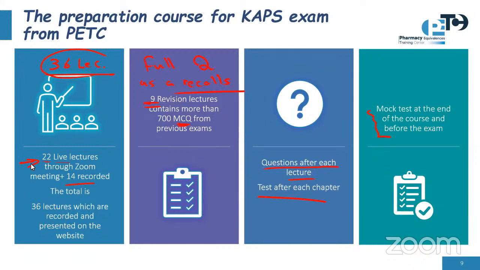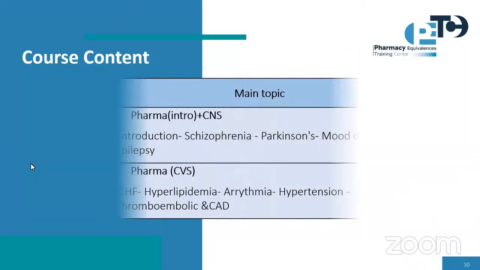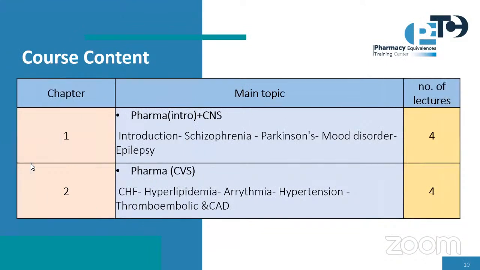Let us see the course content, the content of each chapter. First chapter, we will study pharmacology, especially the pharma introduction or the autonomic nervous system, which is a very important lecture.